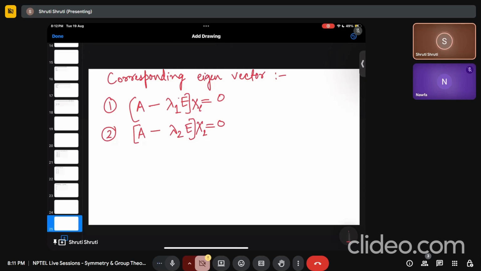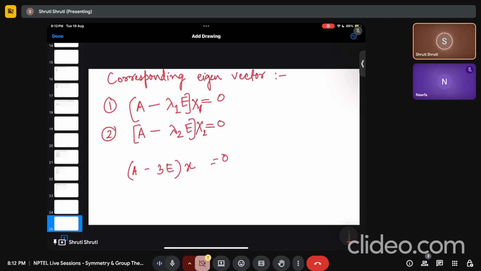Suppose you've got 3 in 1, so your first equation will be, on the diagonal elements, A minus 3, and x equals to 0.